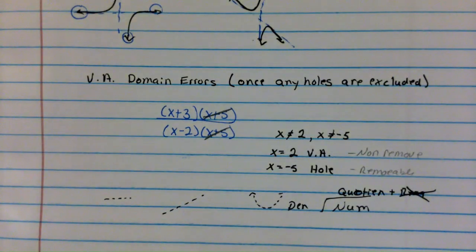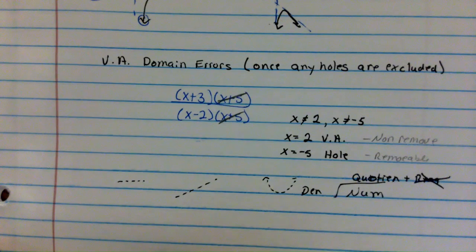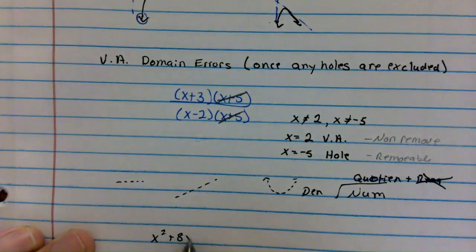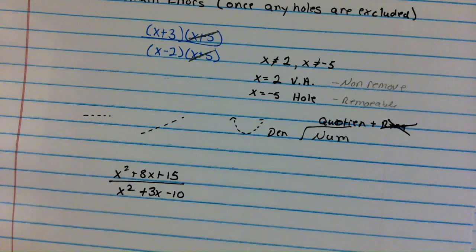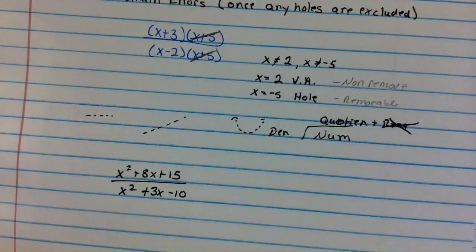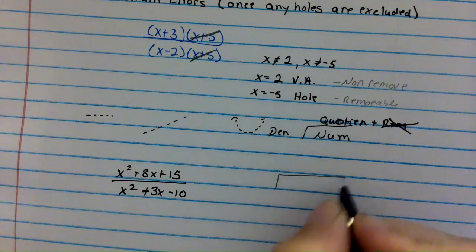So I'm going to go ahead and divide. The original was x squared plus 8x plus 15 over x squared plus 3x minus 10. Okay, and if I do long division with that, if you don't know how to long divide, go back and watch my division video.